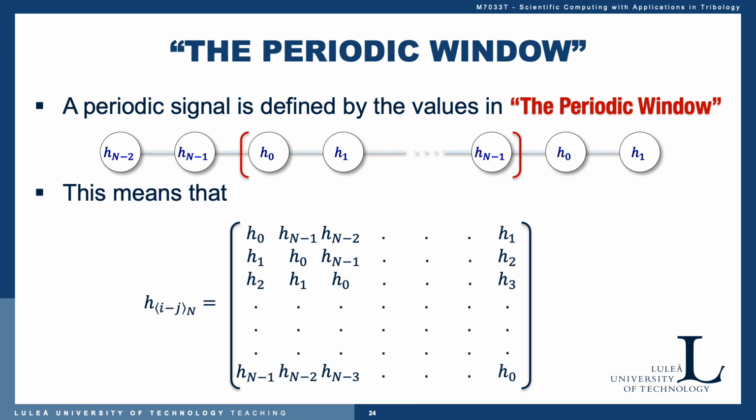To obtain the second column, we just circulate the first one one step down, so the h0 ends up on the diagonal and then follows all the points down to h(n-2), and we move the last one from the first column, h(n-1), to be the first element in column 2, and so on.